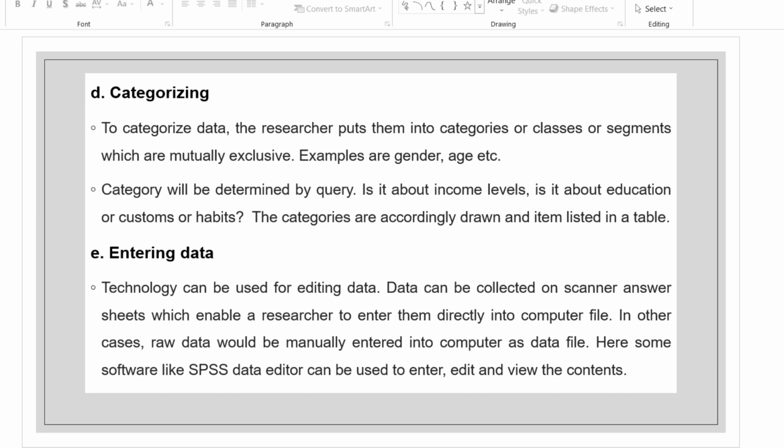So we can categorize the data on the basis of age or gender. Next is entering the data. It can be done either manually or using technology. Software like the SPSS data editor can be used to enter, edit and view the contents.